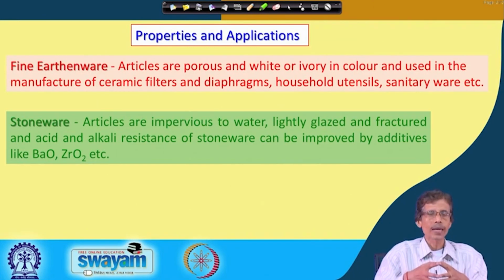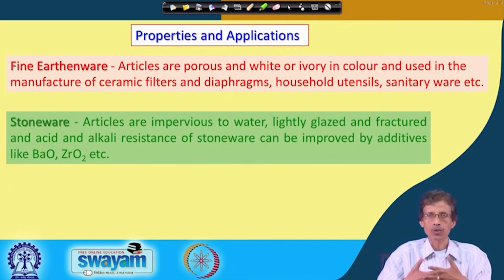So, in that stone variety, the articles are impervious to water, because it is basically stone, it is a stone-like structure, stone-like material and stone-like property. So, it will basically repel the water. So, water will not go inside, that means it is not a porous material, it cannot have water absorption capacity, and it is also only lightly glazed, because the other material can have higher glazing, and it is fracture, acid and alkali resistant.